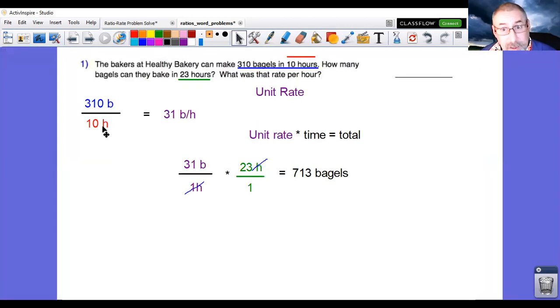We divide that, 310 bagels divided by 10 hours gives us 31 bagels per hour. We multiply our unit rate times 23 hours, and we end up with 713 bagels. Not too bad. So that's how we can apply these unit rates to find out how much can be made in a specific time. And again, very typical kind of question you may see on the end of grade testing.